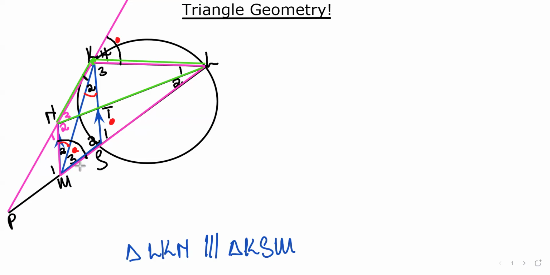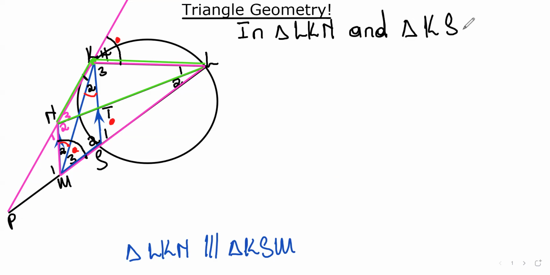So the green one as well as the blue one, we need to prove that they are similar to each other. Well, that's fine. So we do what we do best. We tell them that we are focusing in triangle LKN as well as in triangle KSM.